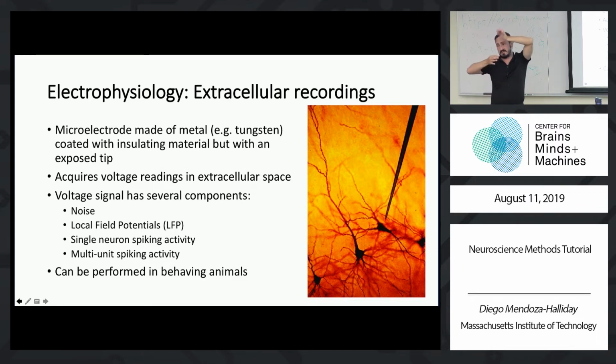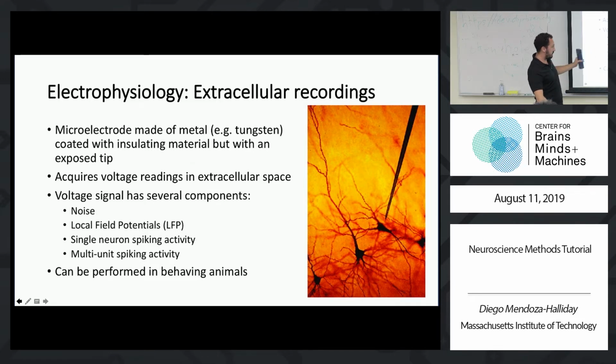You can go between cells, and digging into the extracellular space, you can get close enough to a neuron that you start to acquire some of the electrical signals that are coming out of that individual cell or neighboring cells, and those include action potentials and local field potentials, and that is because those electrical currents, including action potentials and local field potentials, don't just occur right around the cell, but in fact propagate through the extracellular space.